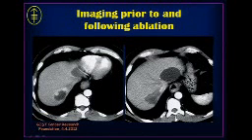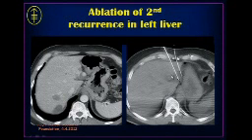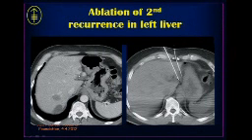in that lesion. Patient had a second lesion in the left side of the liver, right here, this enhancing nodule in a background of what we call necrosis, and another ablation was done. In this case, again, you see two needle devices.